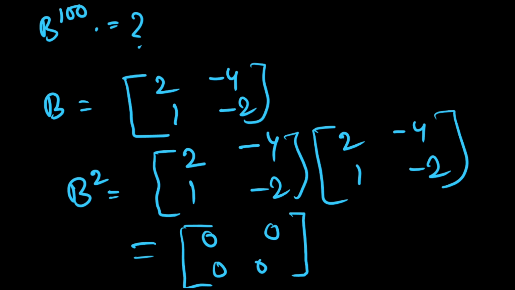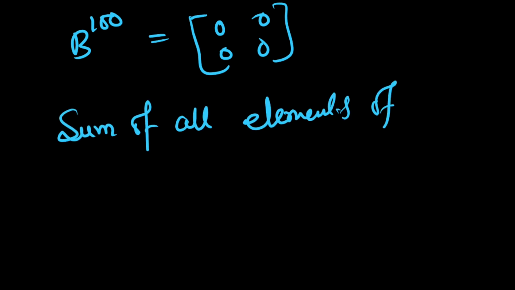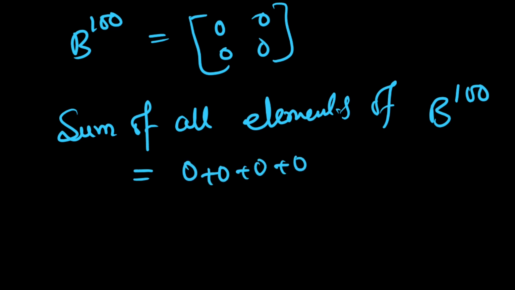So any higher power is also 0, because B square is equal to 0 and any multiplication with B square gives 0. So the sum of all elements of B power 100 is 0 plus 0 plus 0 plus 0, which is equal to 0.